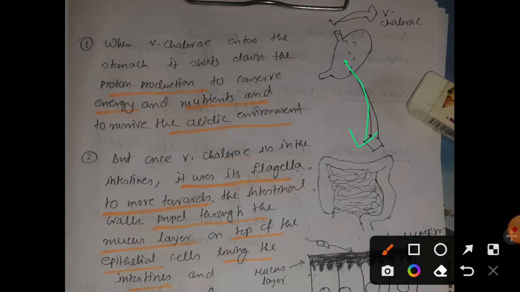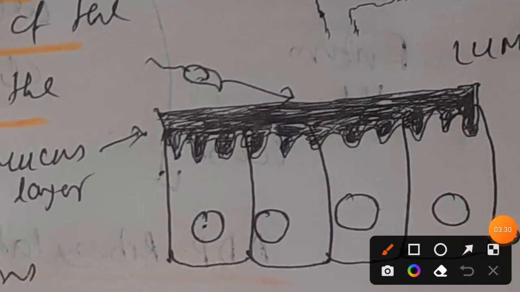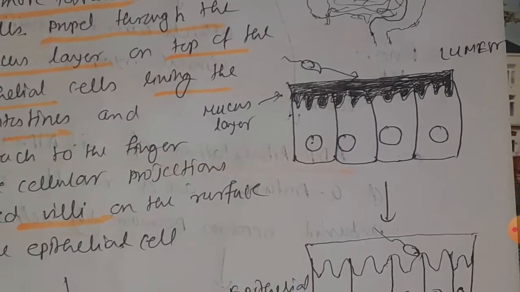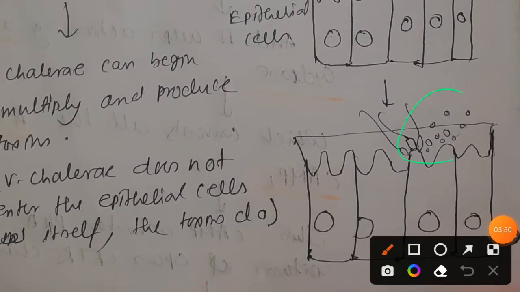Then they will propel through the mucus layer and attach to the surface of the epithelial cell, where there is a cellular projection called villi. They will attach to those villi, and upon securing their place they will start multiplication and produce various kinds of toxins.